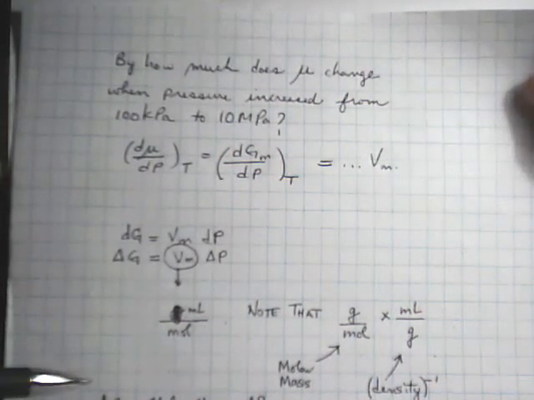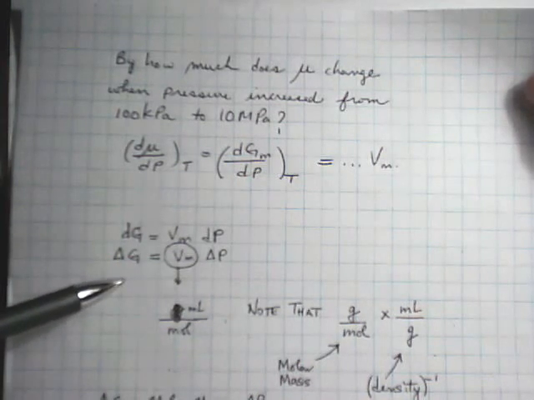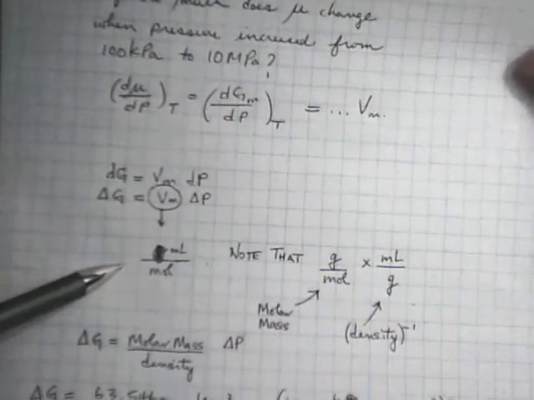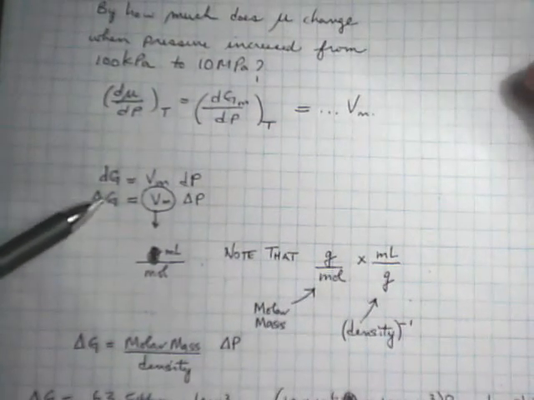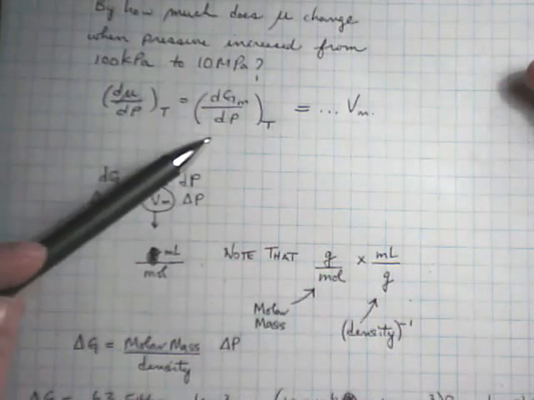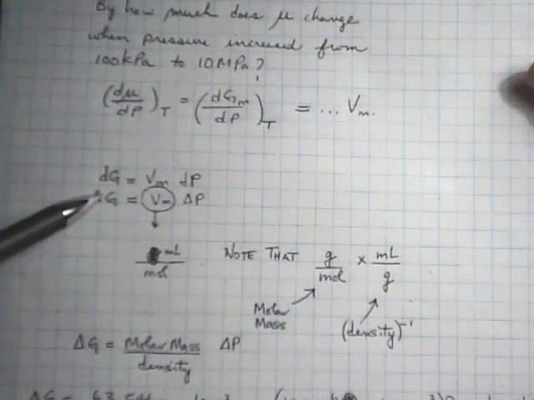So I say easily measured or easily looked up. While I don't typically have the molar volume of copper listed in a table to look up, I do know its density. And so I find that dG by dP, or d mu by dP, at constant temperature, is equal to the molar volume.